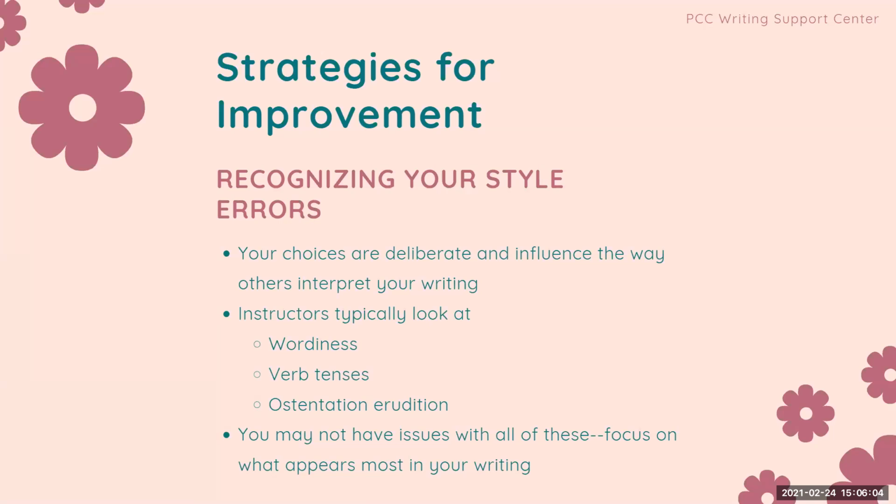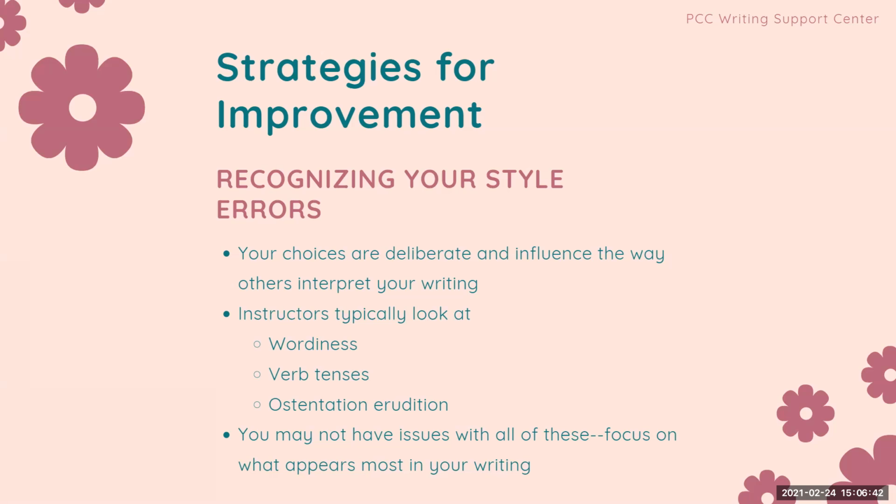Strategies for improvement. In order to start improving on your style when you're writing, we need to first start off by figuring out what your most common style errors are. Hence why in the reflection activity, I had you look at the comments that your previous professors have left. Your professors will often comment on different things about style, if there's something that was awkward, if there was wordiness that was happening, etc. But we really need to know how to recognize those errors.